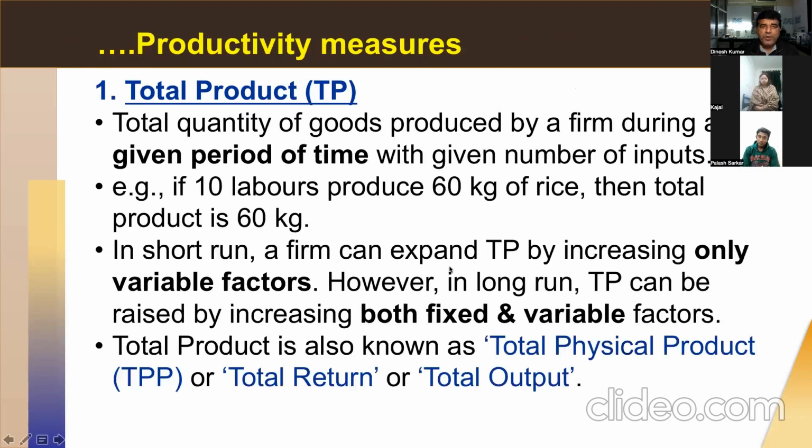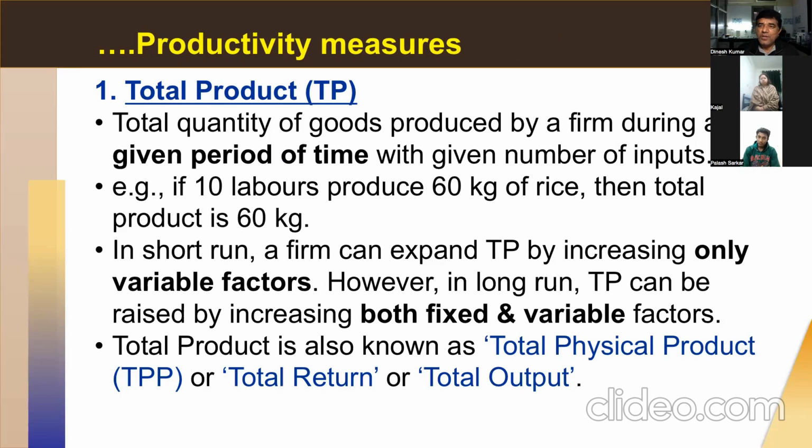Now you see total product. What is total product? Total quantity of goods produced by a farm during a given period of time with a given number of inputs. For example, 10 laborers produce 60 kg of rice. Then total product is 60 kg.